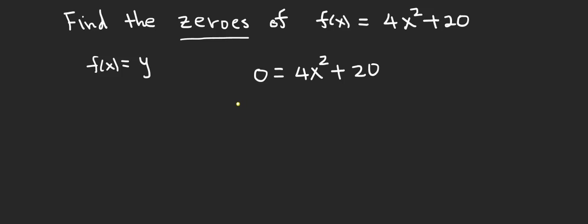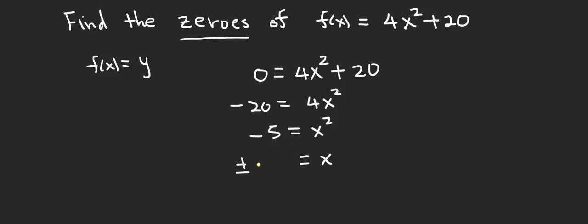So subtract 20 from both sides. Negative 20 equals 4x squared. Divide by 4 on both sides, you get negative 5. So therefore, x equals positive negative radical negative 5, which is the same thing as positive negative radical negative 1 times radical 5.